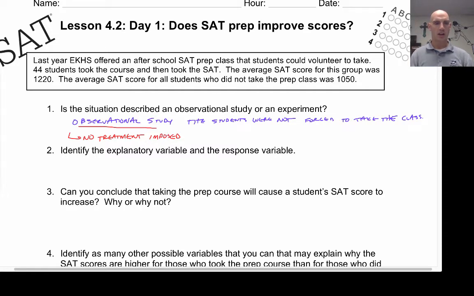Okay, so second thing, identify the explanatory variable and the response variable. So the explanatory variable: did they take the course or not?